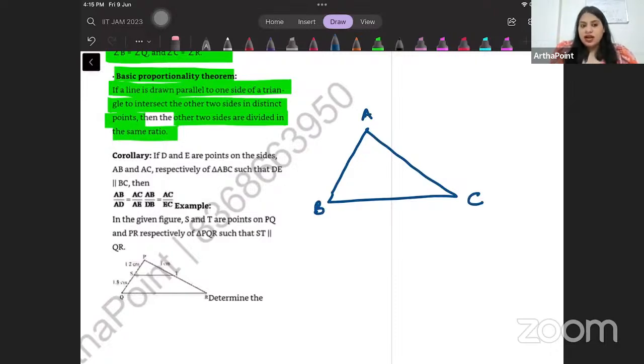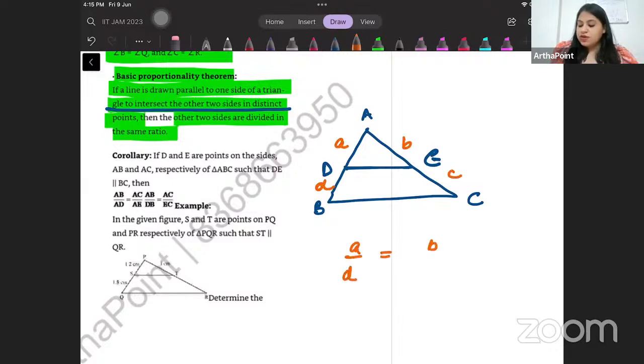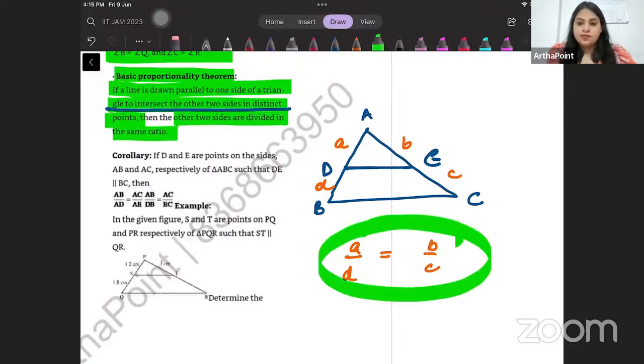If I draw a line parallel to one side, meaning I am drawing a line parallel to BC, say DE, intersecting the two sides, then they are divided in the same ratio. That means if this is A, D, B, C, then AD by DB should be equal to AE by EC. They should be divided in the same ratio.